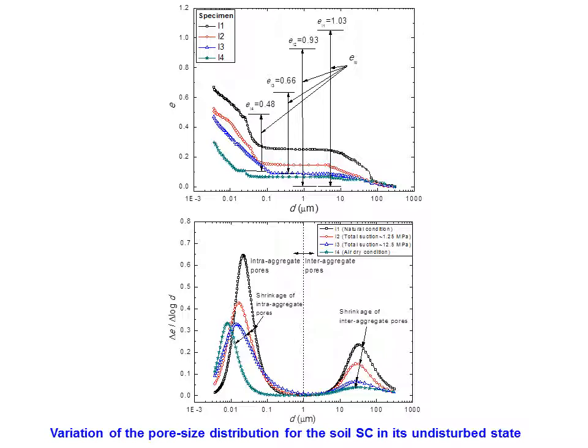For sample I3, the water ratio value superimposed on this curve intersects at about 0.1 micron pore size, which indicates that the pores smaller than this size are saturated and the pores larger than this size are unsaturated.